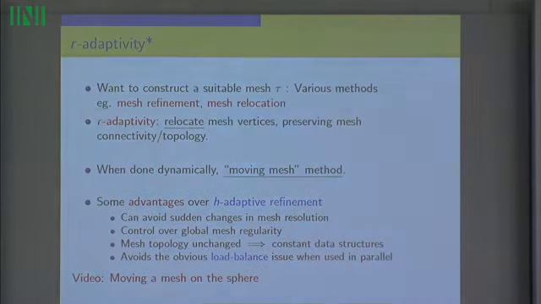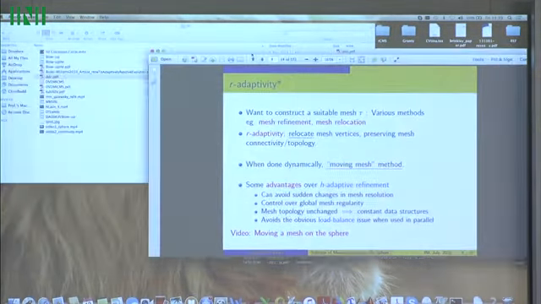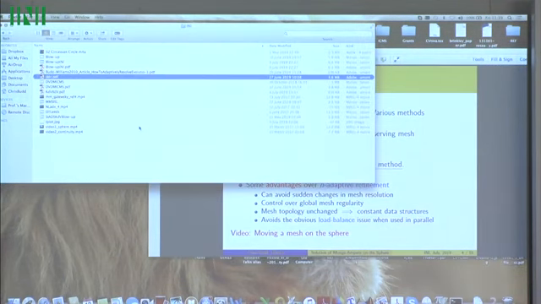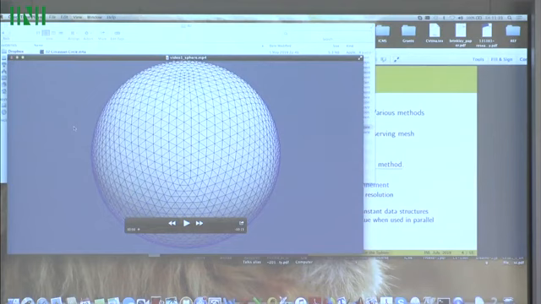So let me give you an example of a moving mesh. This is moving mesh 101, as it were. We're going to have a look at a mesh on the sphere. We'll come back to the sphere quite a lot. Here is a mesh which is initially a fairly uniform mesh on the sphere. It's mostly hexagons, although there's the odd pentagon every so often, which is part of the hairy ball theorem.